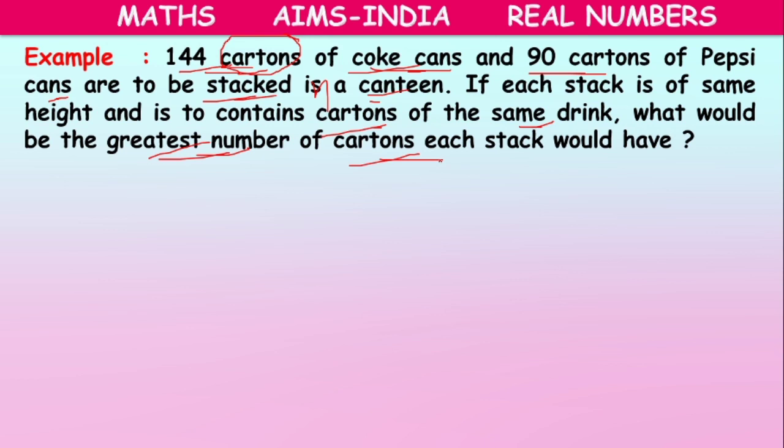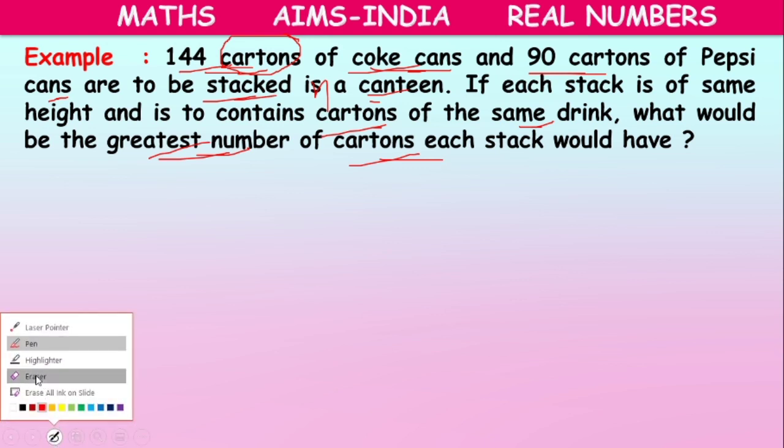But in each group, the number of cans of both types should be equal. Means we have to find the greatest possible number that divides both the numbers, so that we can arrange equally according to that number.